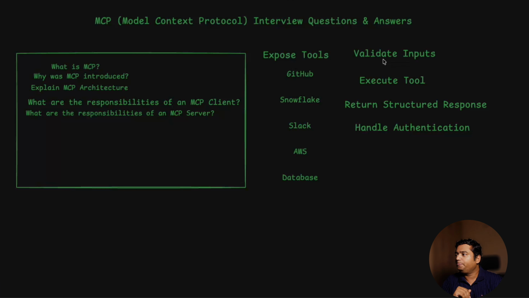It returns a structured response. For example, if you ask for some detail of a table, it will get the output from Snowflake or some API, and that output is passed to the MCP client in a structured way, normally in a JSON format, key-value pairs. Right. So these are the responsibilities of the MCP server.